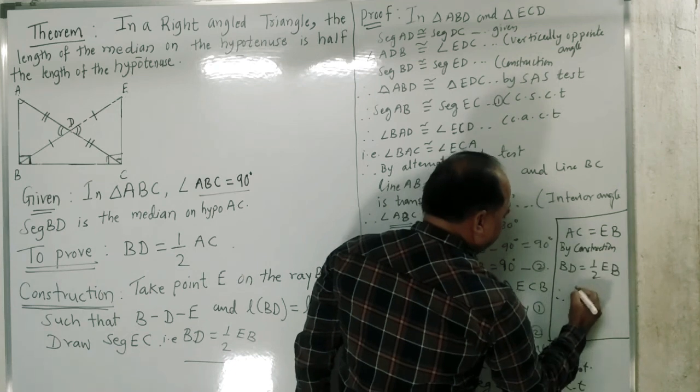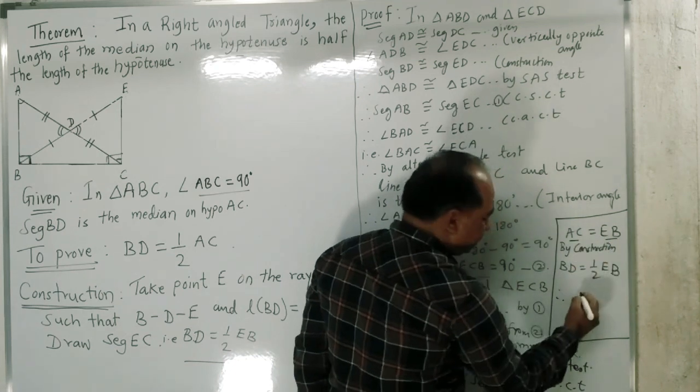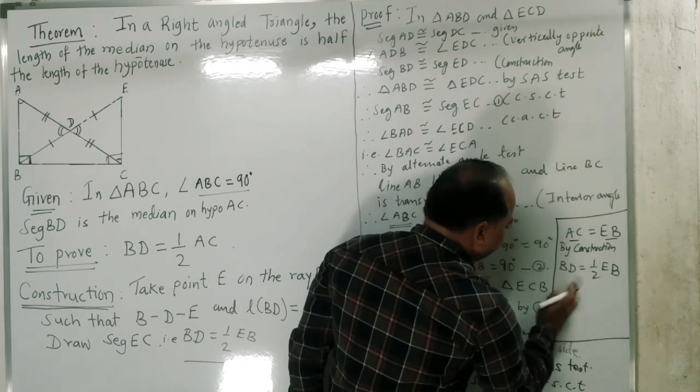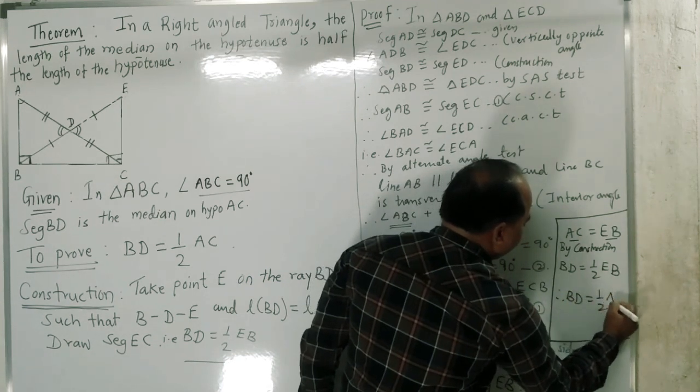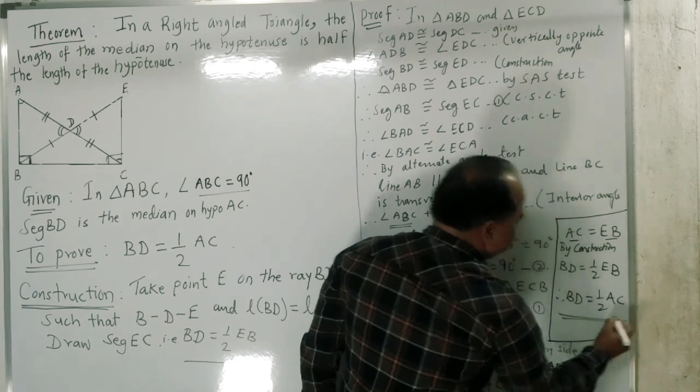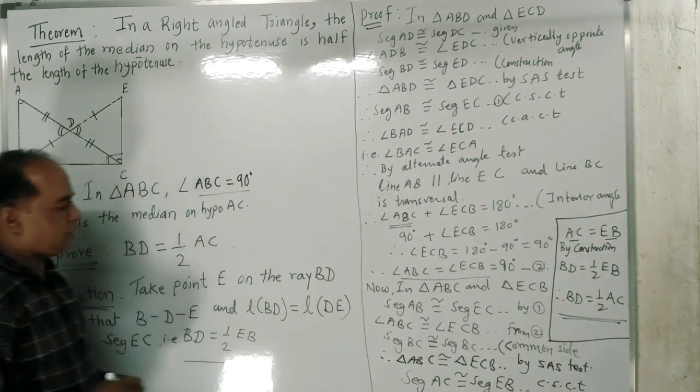Therefore, EB is equal to AC, so BD is equal to 1/2 AC. Hence, we have proved the theorem.